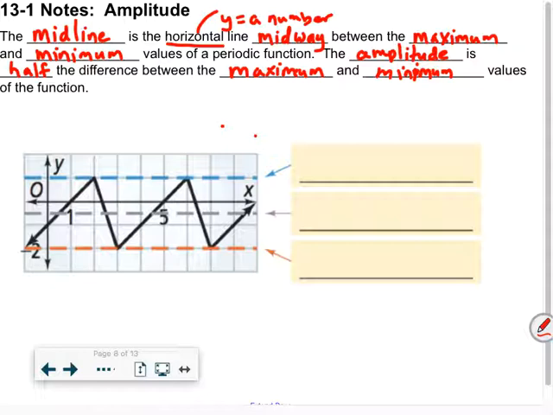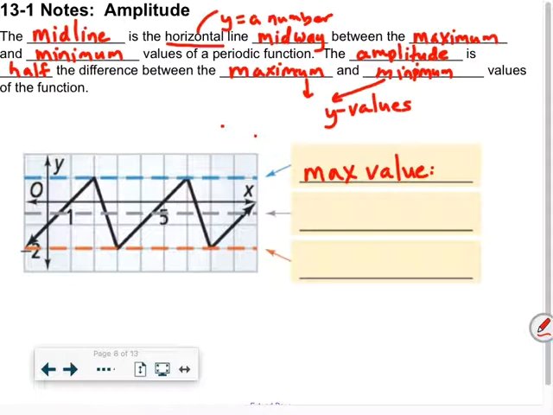So let's look at this graph here. What is the maximum value? Well, the minimum and maximum are y values. So I want to pause here a moment to make sure I distinguish between period and max and min.